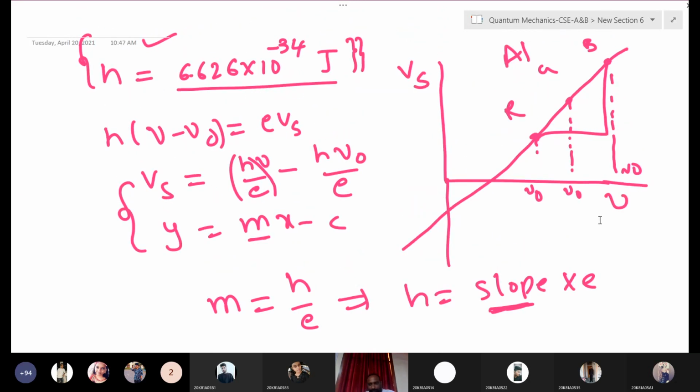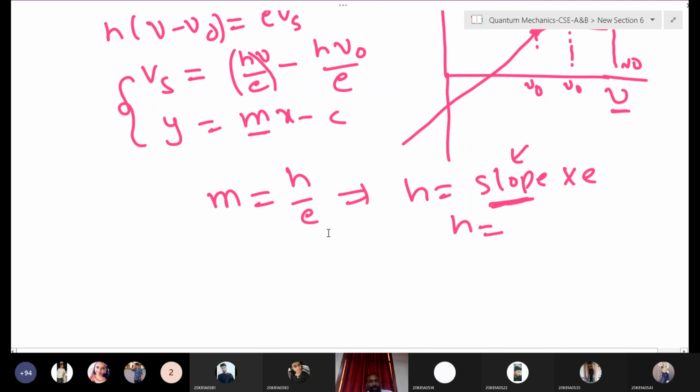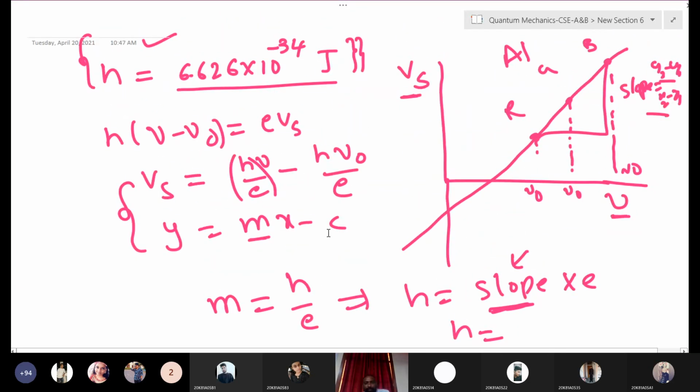From this graph, you plot stopping potential versus frequency, and you find the slope, y2 minus y1 by x2 minus x1. From this slope you substitute here, you will get the h value, and you compare this with other experiments. Using the photoelectric effect also you can estimate Planck's constant, right?